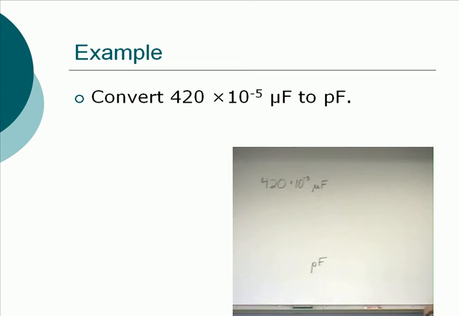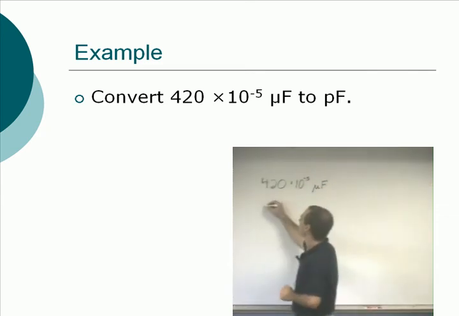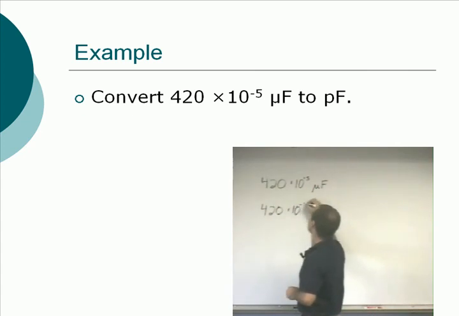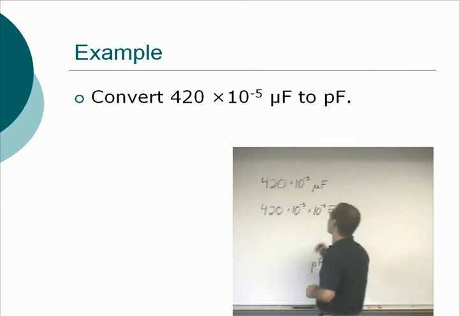What do we need to do first? Dave, what do you do first? Yep, so this becomes 420 times 10 to the negative 5th times 10 to the negative 6th farads.